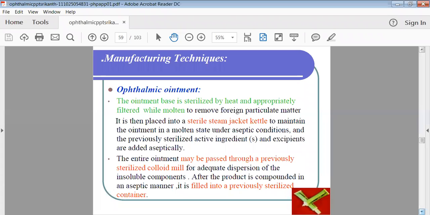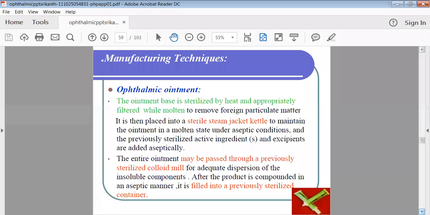Then we have to pass the mixture through the sieve, and we have to go for the colloidal mill, because sometimes the drug may have some particulate matter that is not completely mixed, or the particle size may be larger.